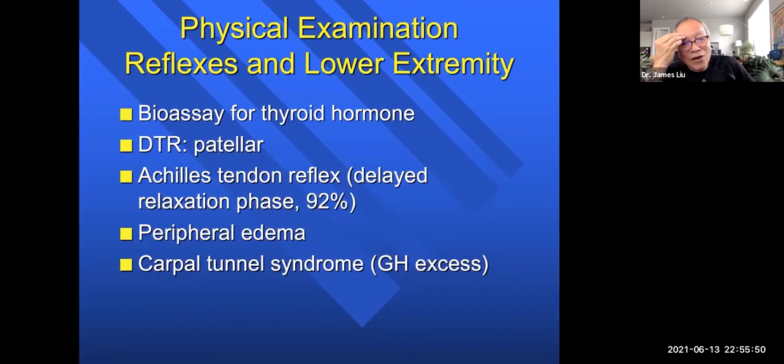You want to look at the relaxation phase. It is delayed, and per the publication, it's 92% accurate in the diagnosis of hypothyroidism, believe it or not. There may be peripheral edema from lack of thyroid hormone, but this is usually more evident. And obviously, if patients complain of symptoms of carpal tunnel syndrome, they might have growth hormone excess due to the ligaments being compressed from the growth of the bony cartilage underneath.